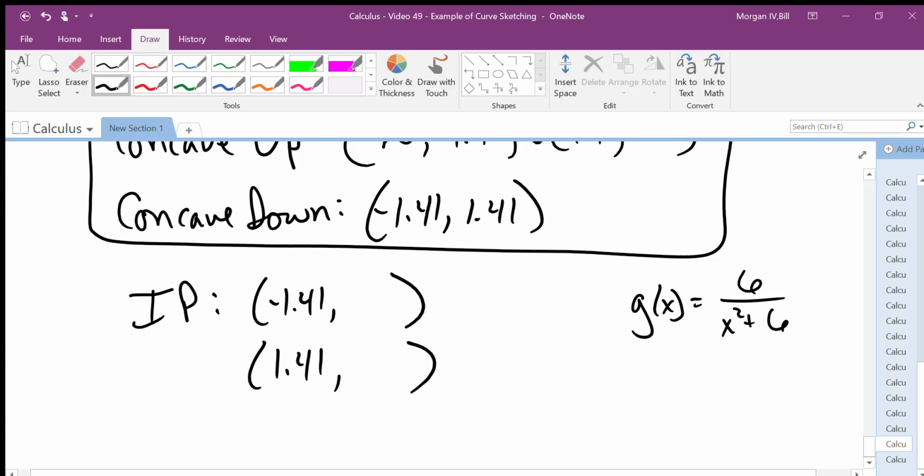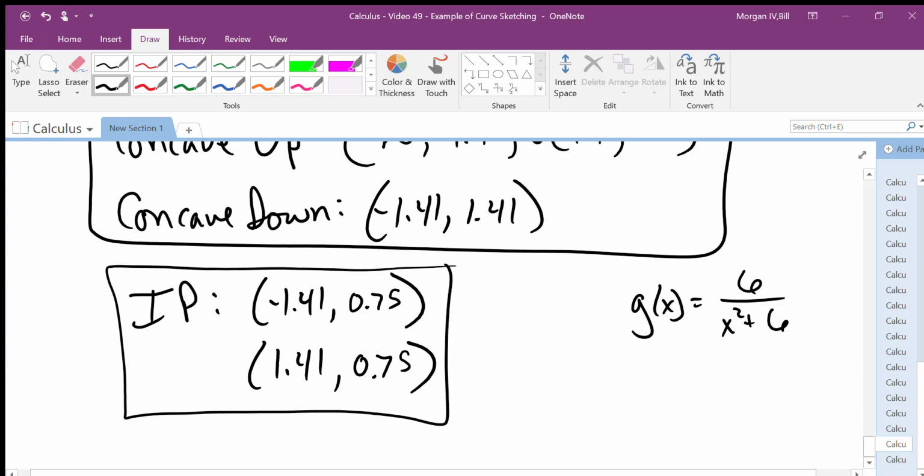If you square that, the square root of 2 squared is just 2. And you get 6 over 2 plus 6, or 6 over 8, or 3/4. In both cases, you get 3/4 or 0.75. So we have inflection points at negative root 2, 0.75, positive root 2, 0.75.